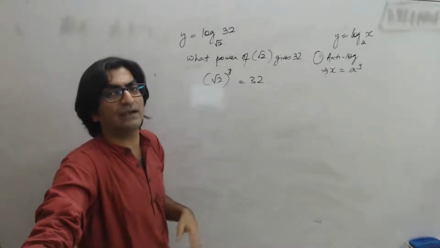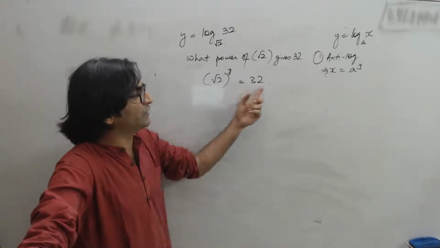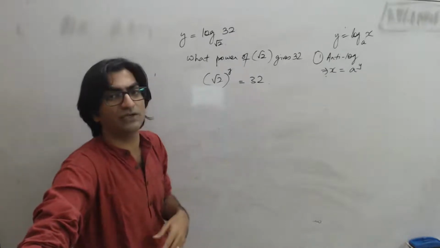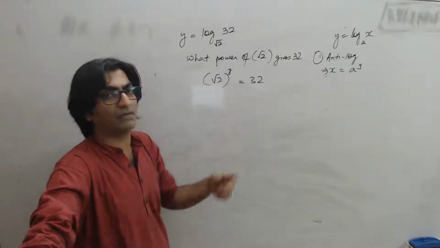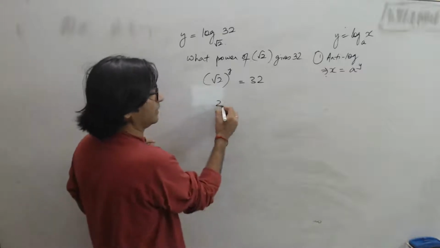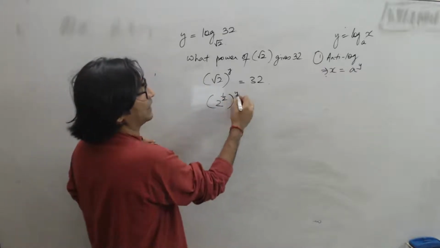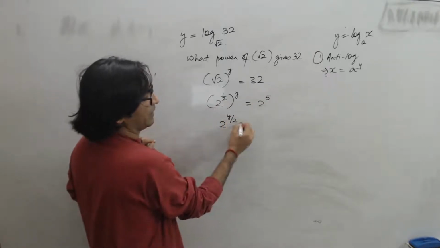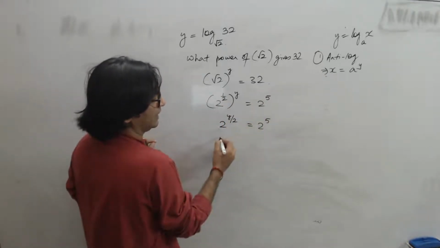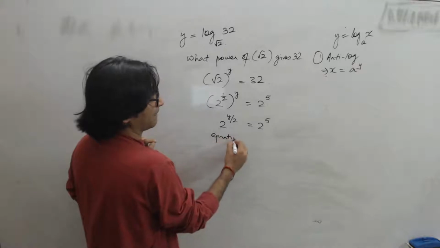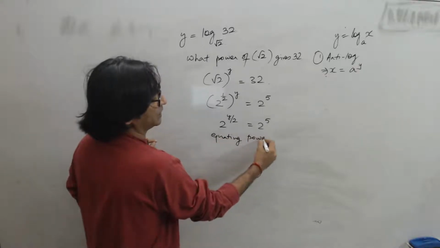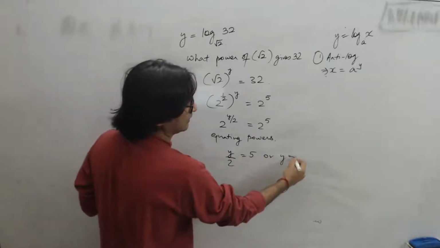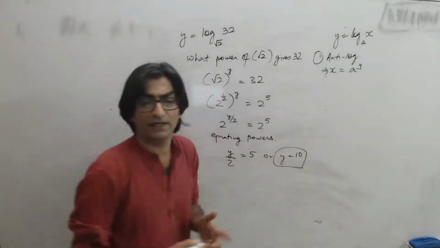Root 2 when squared results in 2, and 2 raised to the power of 5 is 32. So root 2 raised to the power y, which is 2 raised to the power half raised to the power y, is equal to 2 raised to the power 5, which means 2 raised to the power y by 2 is 2 raised to the power 5. Equating the powers here, I'll get y by 2 is equal to 5 or y is equal to 10. Fairly straightforward.